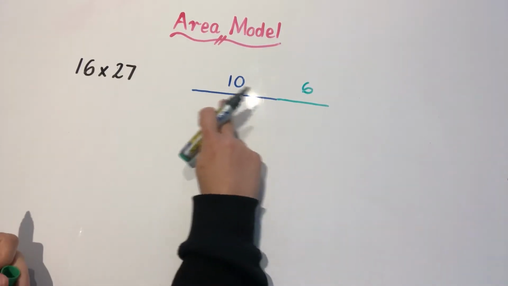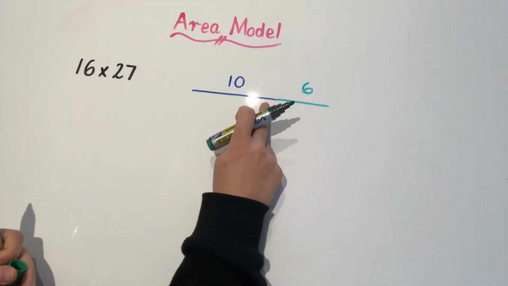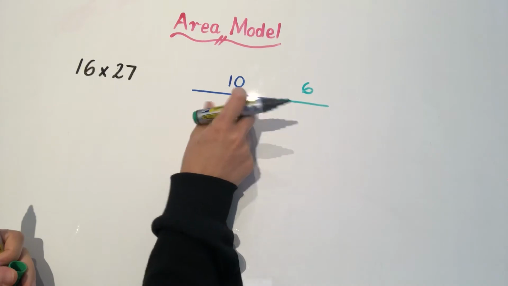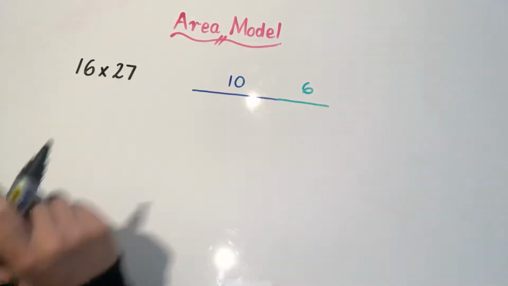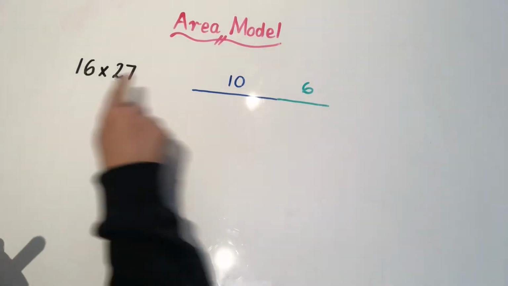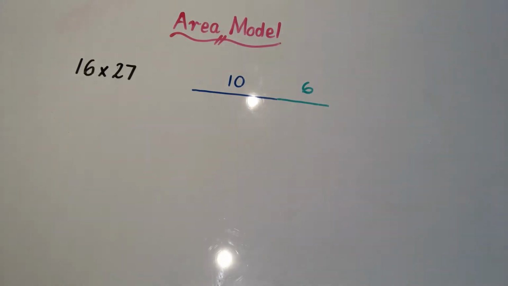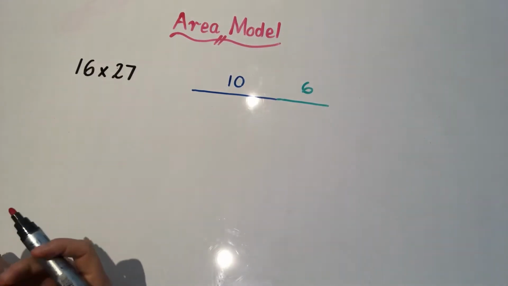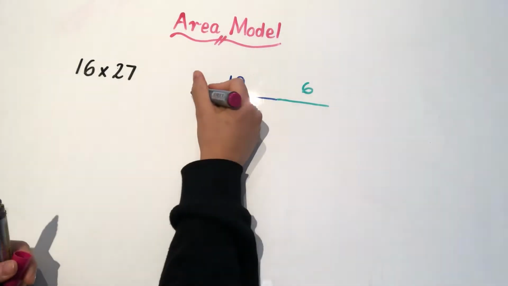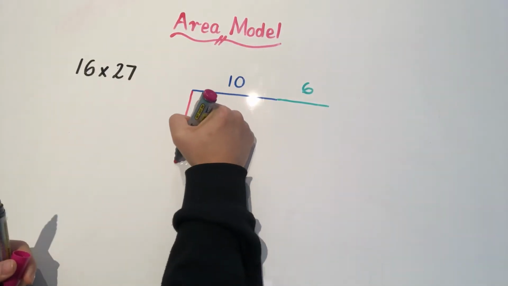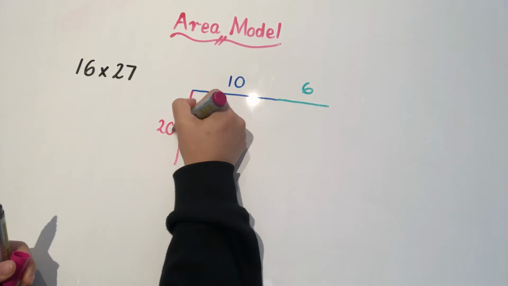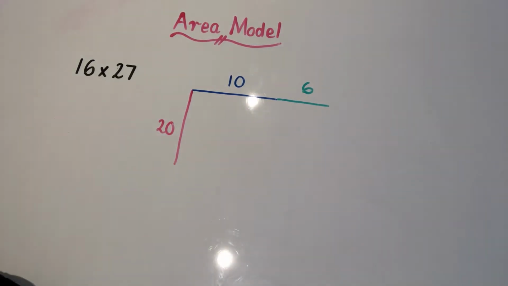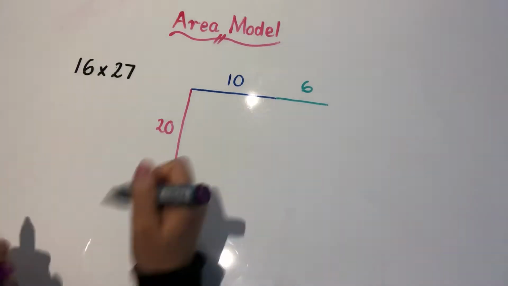And I'm just doing my tens line a little bit longer because that's a larger value, and then my ones a bit smaller. So I've got 10 plus 6 to represent 16. And then 27, if we break that up into our place value parts, is 20 and 7.